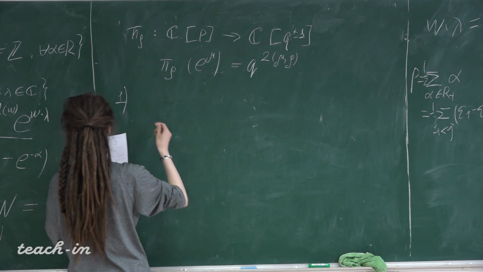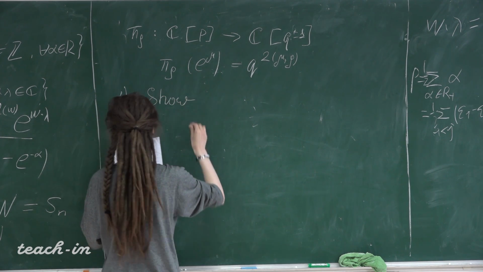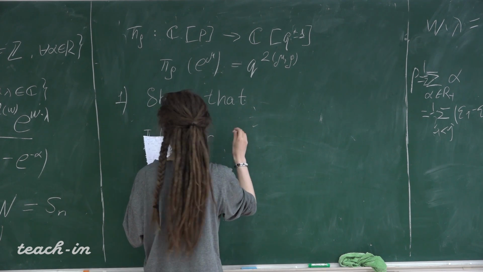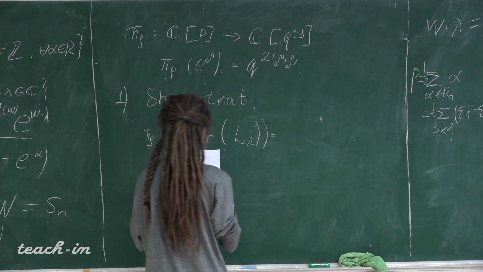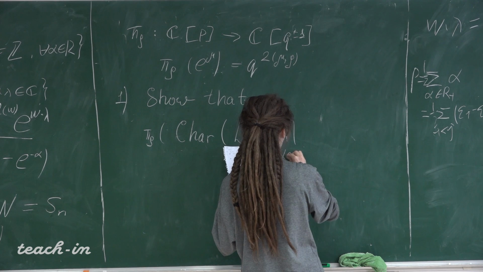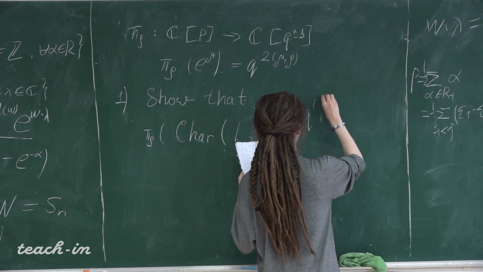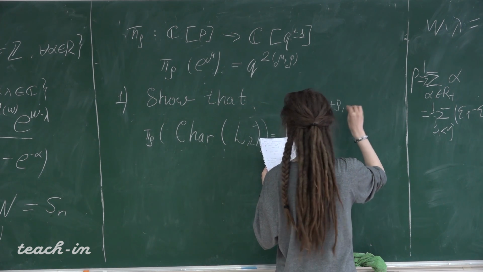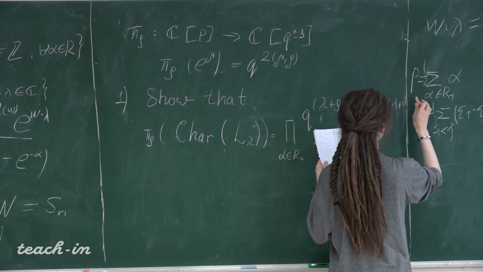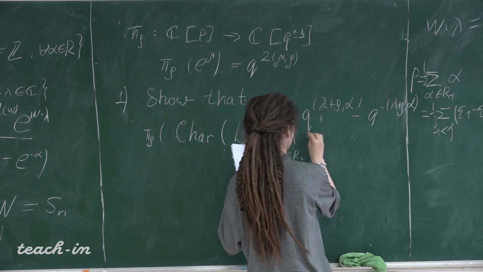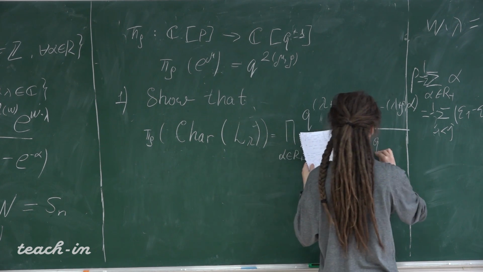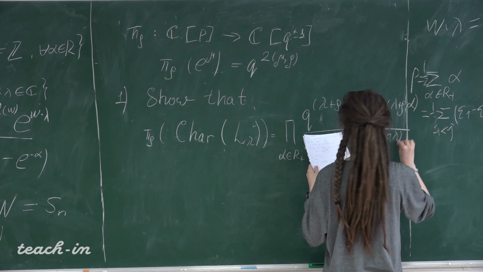Okay, and the first step we need to show that everything here is for alpha minus Q minus lambda.